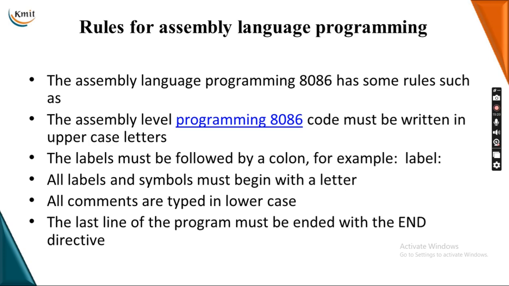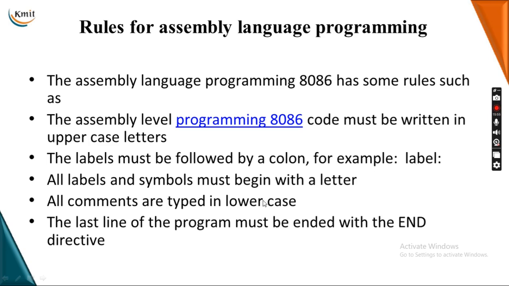There are some assembly language programming rules that we need to maintain. First, the program must be written in uppercase letters. They should always be uppercase. The labels must be followed by a colon. For example, give a label some name and put a colon. This is a label followed by a colon.